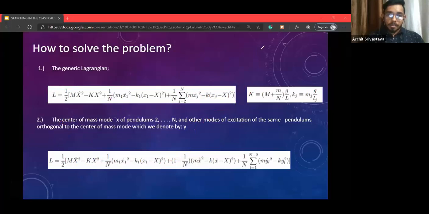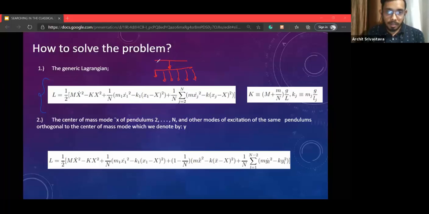Yeah. So now a bit of the mathematical part comes into the picture. What we are doing in this first equation is making a Lagrangian equation of the setup that we had in the previous slide. So we had a support pendulum and n pendulums with one pendulum which was the odd one out.